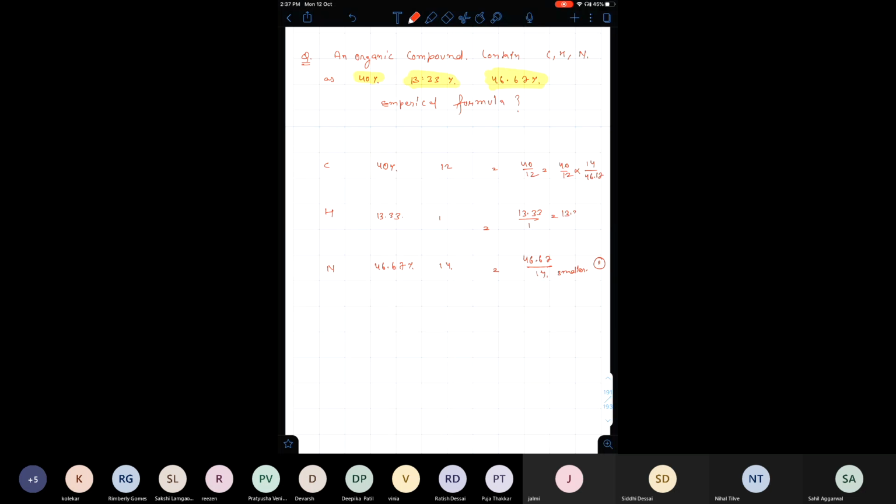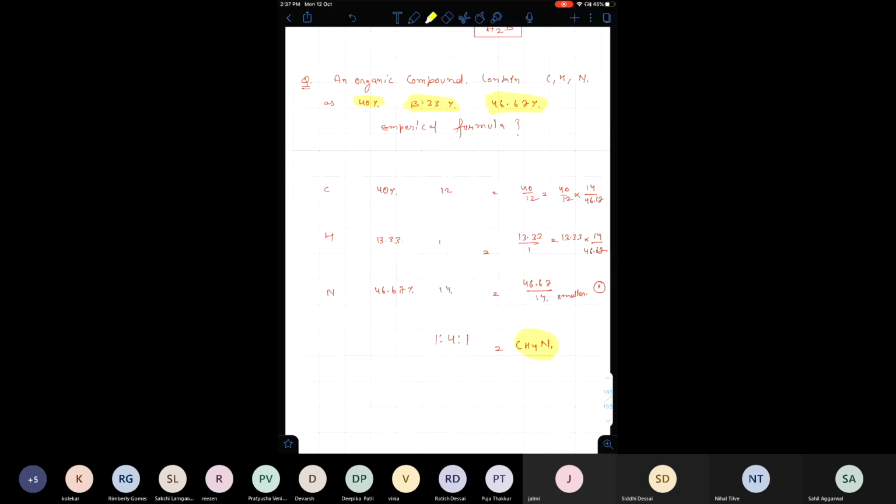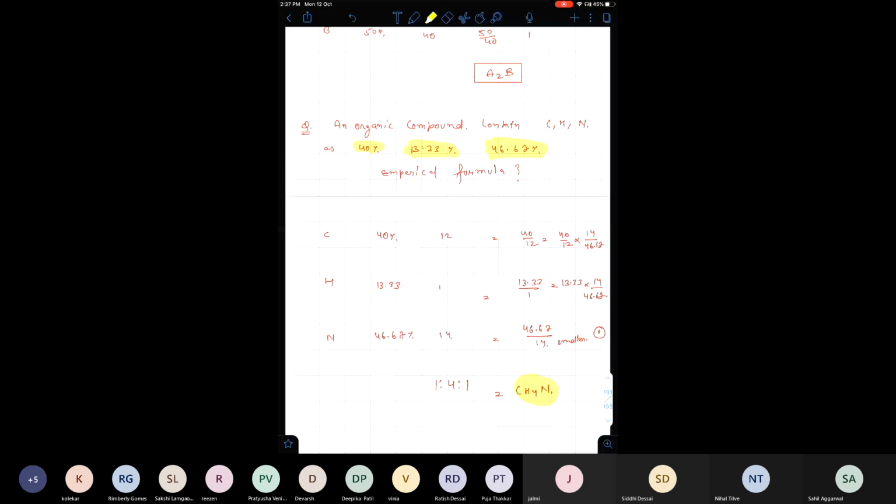This will be 13.33 into 14 by 46.67. When you solve this, you will get the ratio as 1:4:1. That will be CH4N. Very good. Done, all of you. This was the easy part of this chapter.